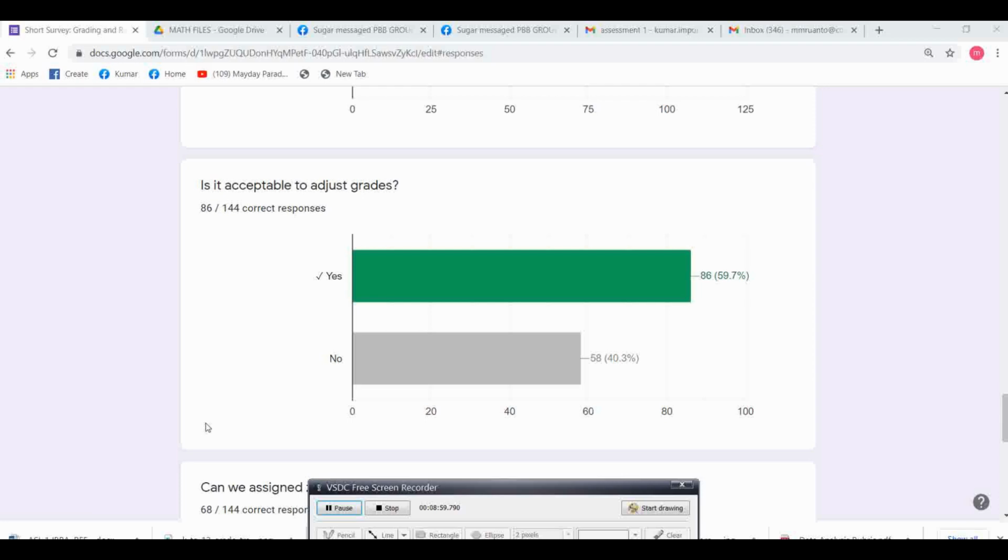Let's say, for example, in the exams there are some topics that were not discussed, so they should not be included in the exam.